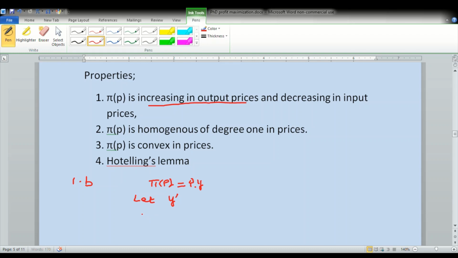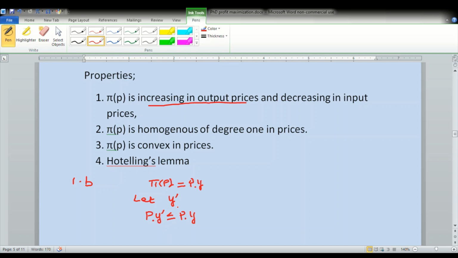So we can write that P y dash is less than or equal to P y, because y is profit maximizing, so any other netput vector, any vector other than y, is not profit maximizing. This is what we have here.